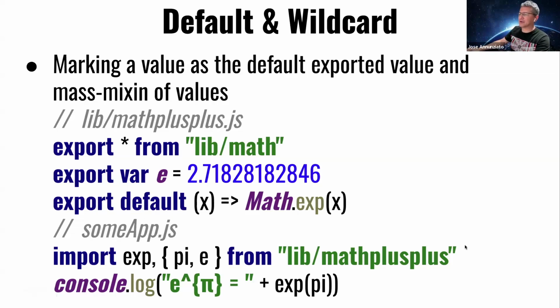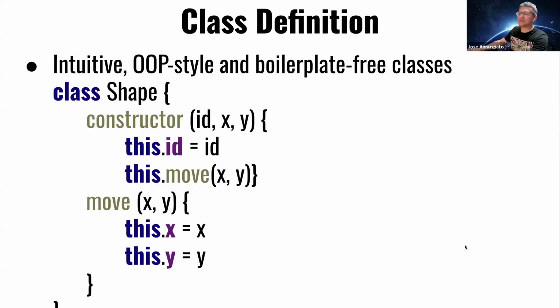Classes, we're not going to be using classes, but real quick, you have the class keyword, where you can declare methods inside. One of the methods can have a special name called constructor, which creates the object instance of this class, and you can have parameters that initialize the properties.